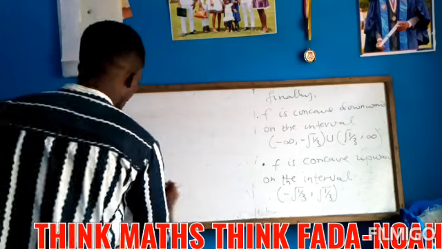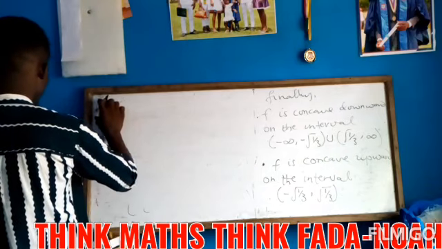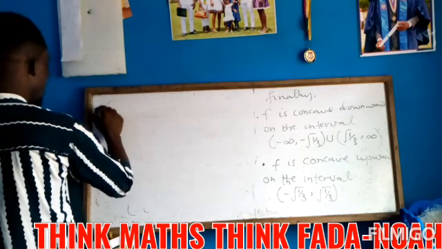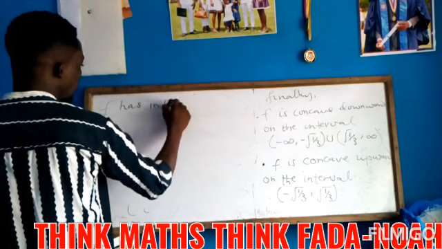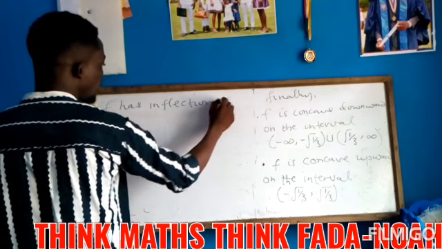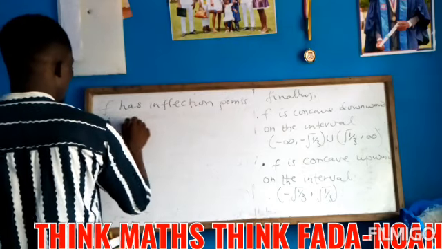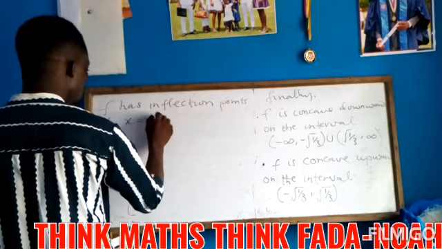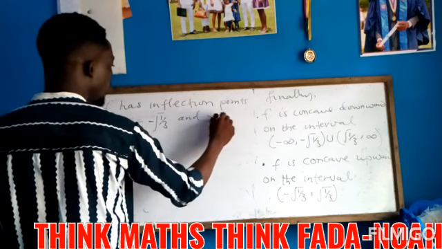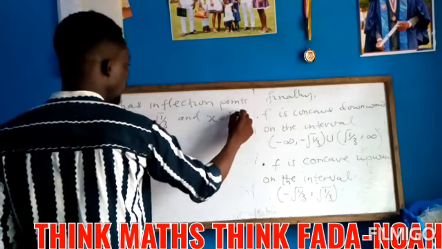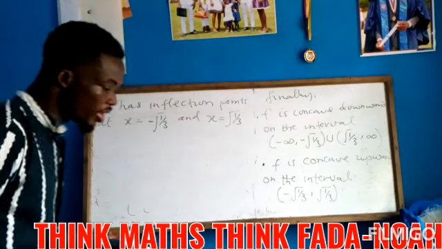So we are finding the point of inflection, and we say that f has inflection points at x equal to minus root 1 over 3 and x equal to root 1 over 3. Alright, so let's find the point.